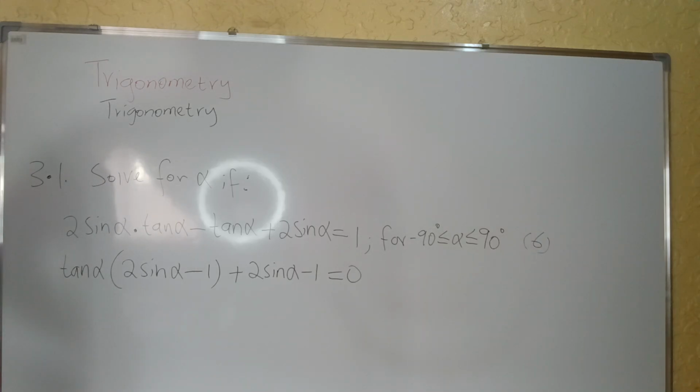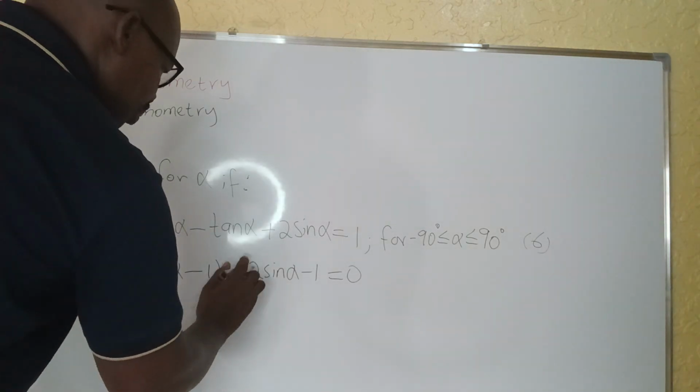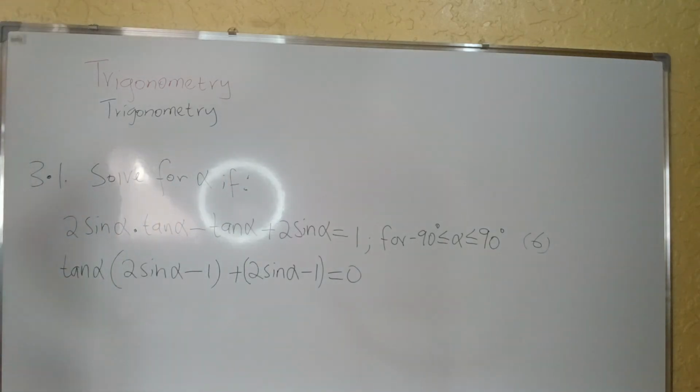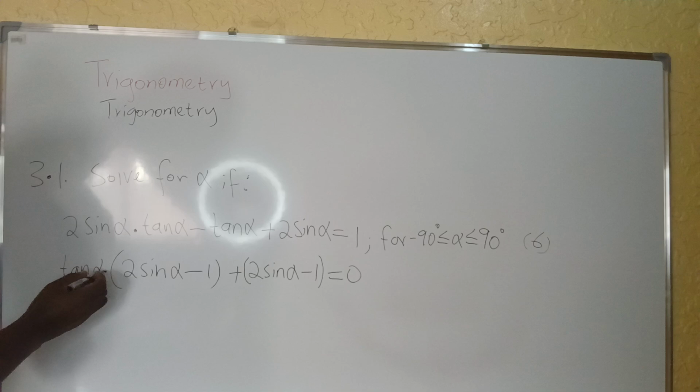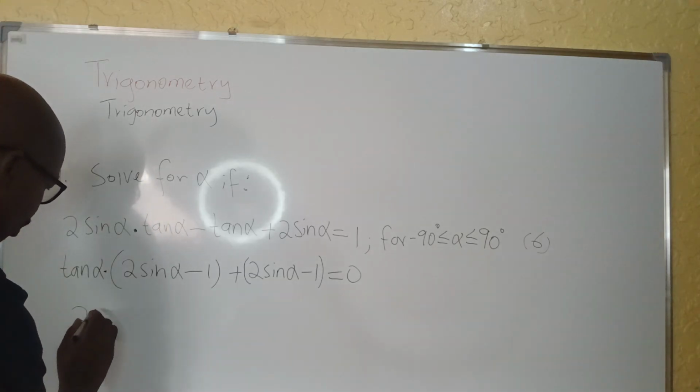As you can see, we have 2 sine alpha minus 1, which is common from this side and that side. So remove 2 sine alpha minus 1 as a common factor.